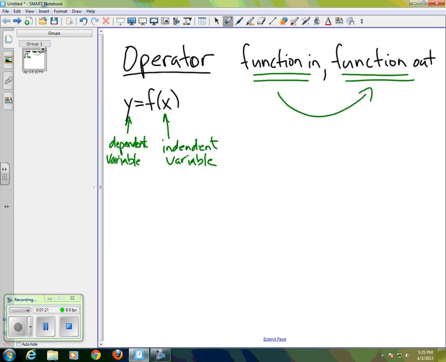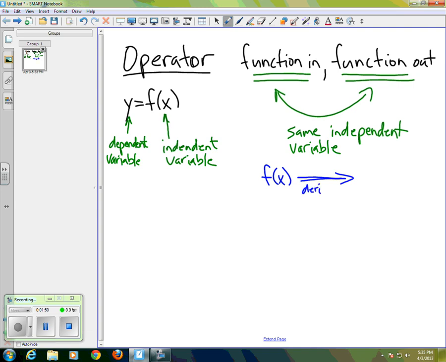And the deal here is that both of these functions have the same independent variable. So for example, if we're talking about the derivative operator, if we start out with f of x going in, and then we take the derivative, and let me denote that d dx, then we get f prime of x.